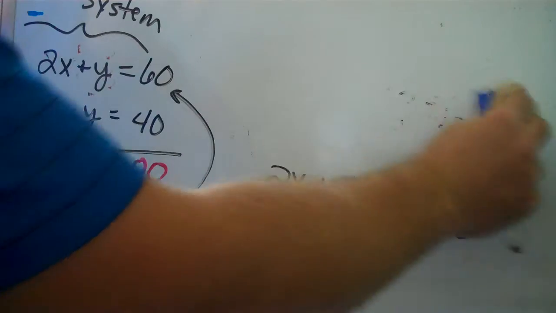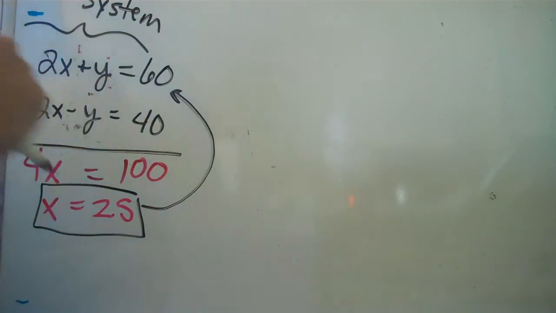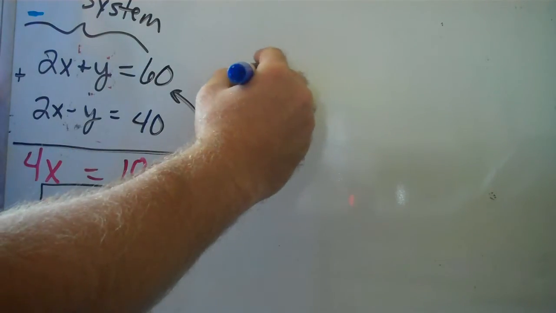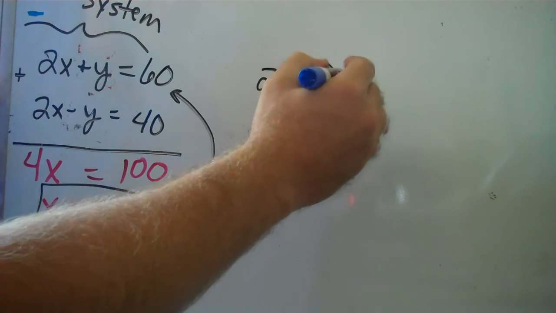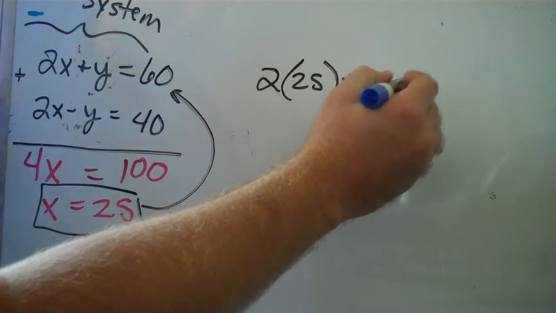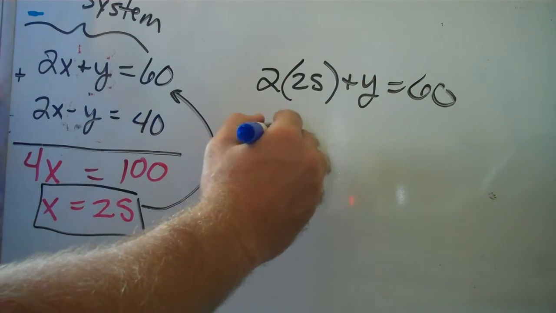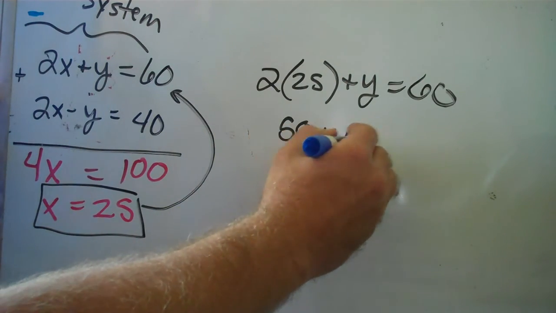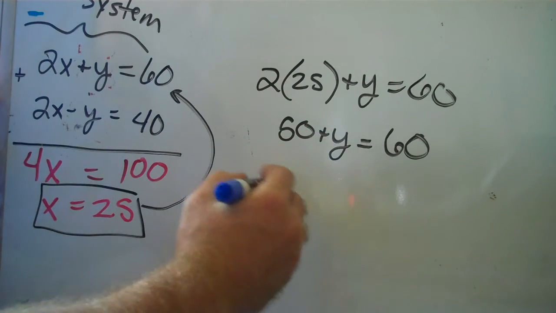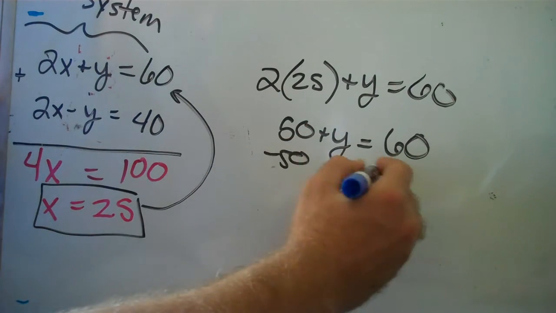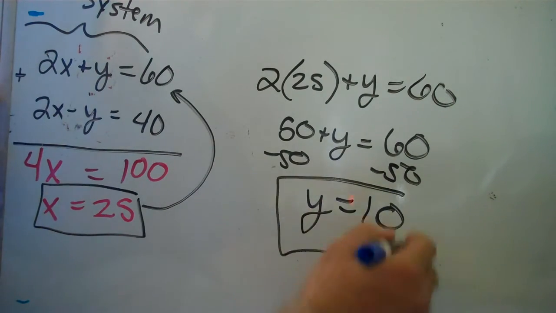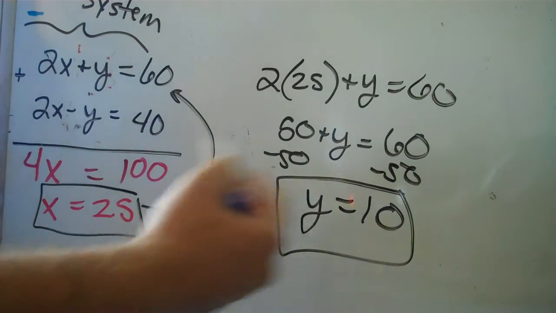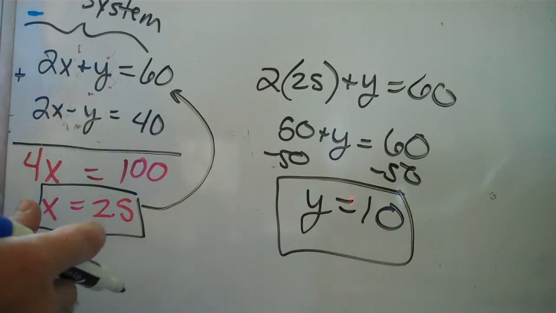So doing that, we have 2 times 25 plus y is equal to 60. So it's going to be 50 plus y is equal to 60. Subtract 50 from both sides. So y then is 10. So x was 25, y is 10, and that's our final answer.